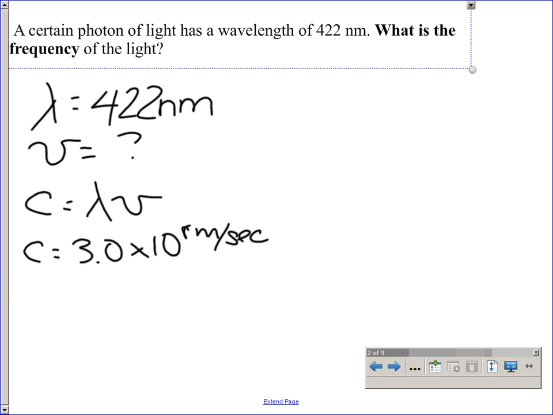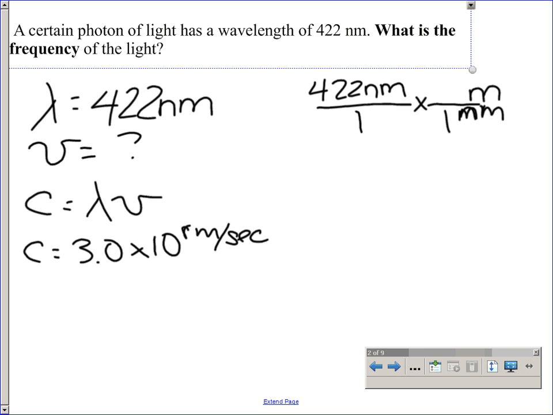So let's use dimensional analysis to convert between nanometers and meters. 422 nanometers over what? 1. Where does nanometers need to go so it cancels? On the bottom, what's going to go on top? Meters. Nanometers.